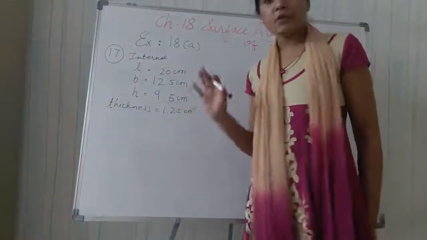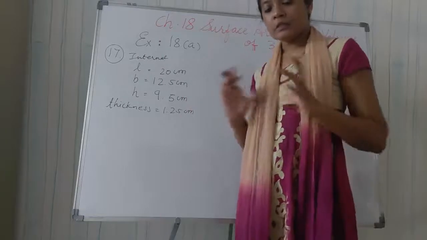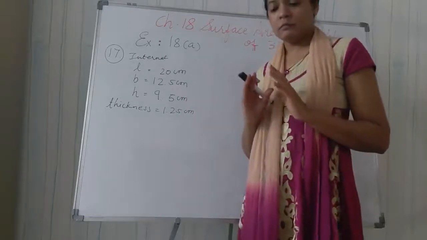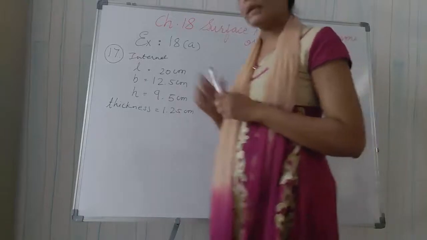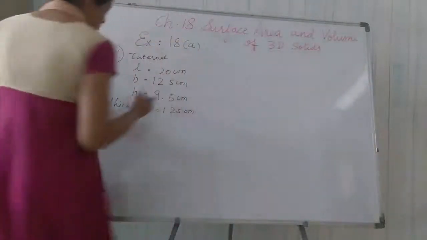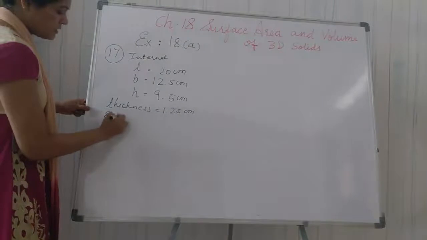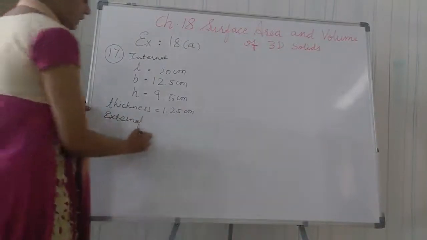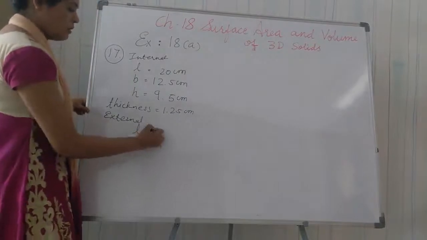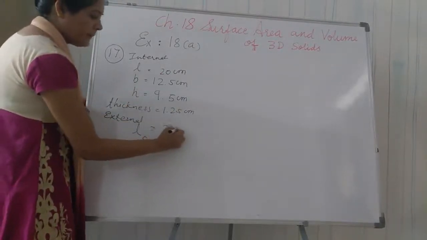For that, first of all, we must find the outer dimensions, or you can say external dimensions. So the outer length is 20 plus 2 multiply 1.25.